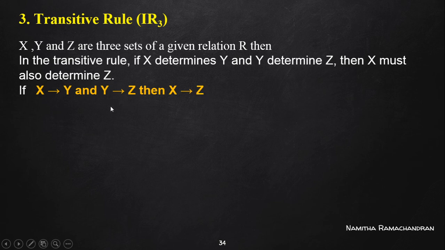This is the transitive rule. Or we can infer another dependency with the help of these two.